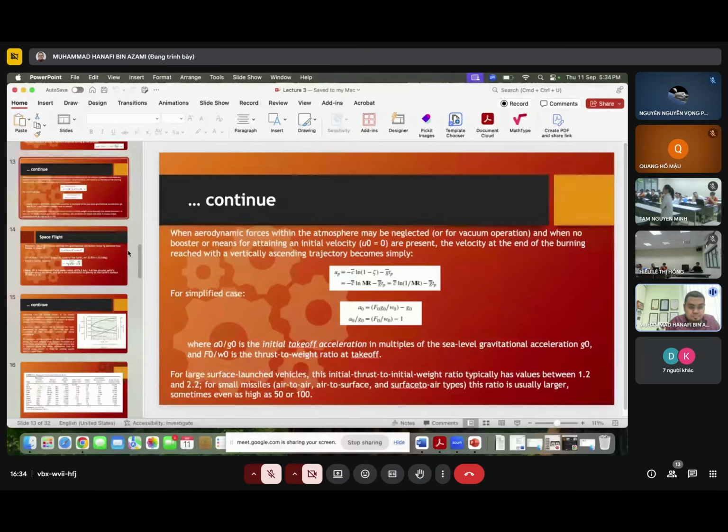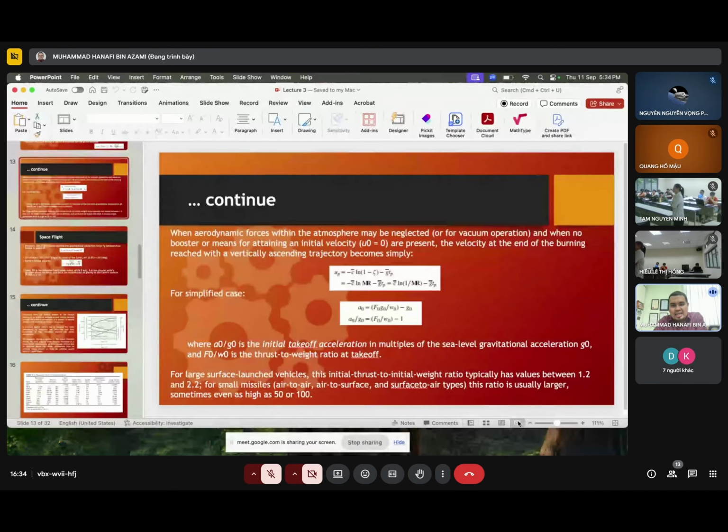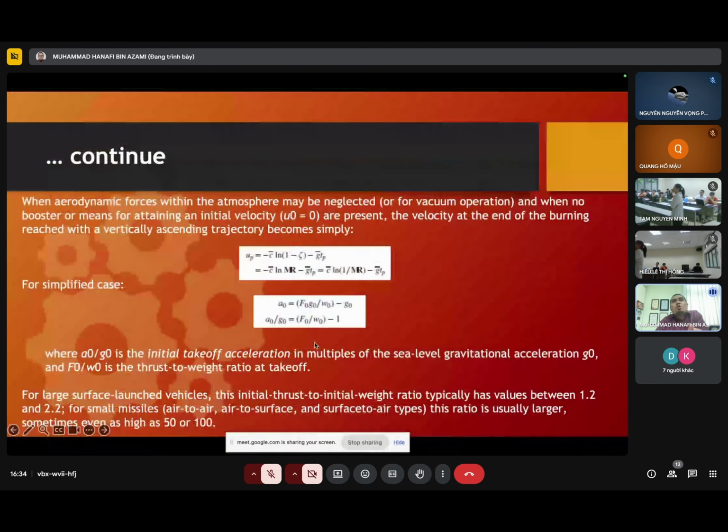So I will update the slides. This is the equation you have seen in the slide, where the mass of the propellant and the mass of the vehicle are known. The one that I want to share later has nothing to do with mass, it is only related to projectile motion.